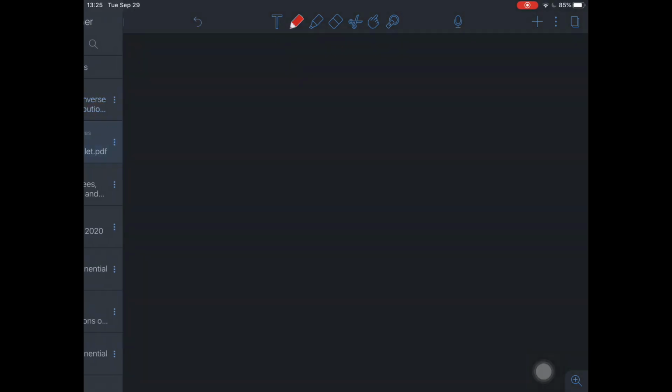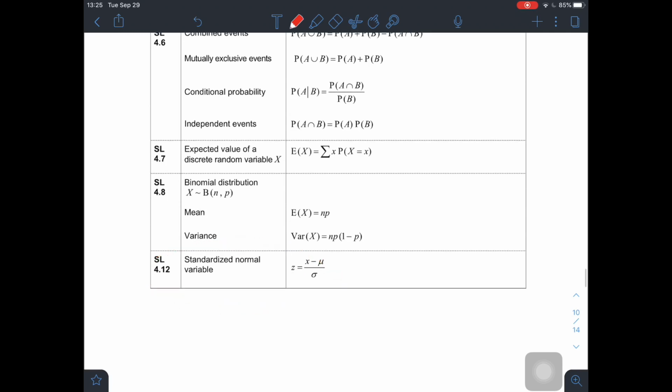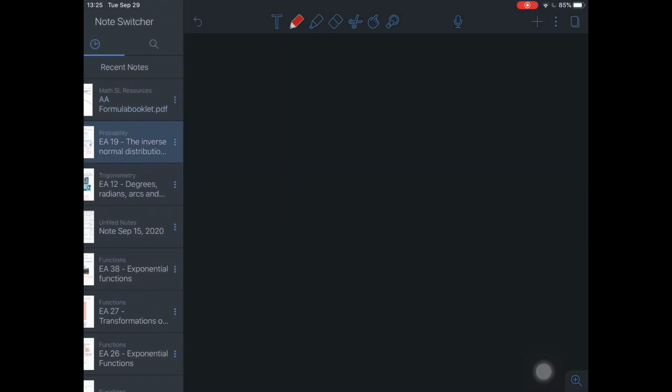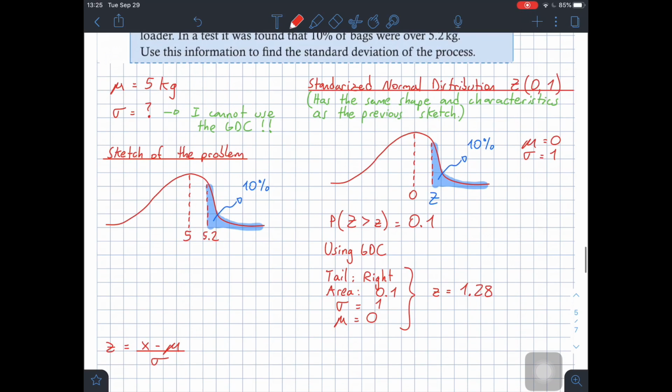It's available in the formula booklet: standardized normal variable C equals x minus the mean divided by the standard deviation. The mean and standard deviation refer to the original set of data.